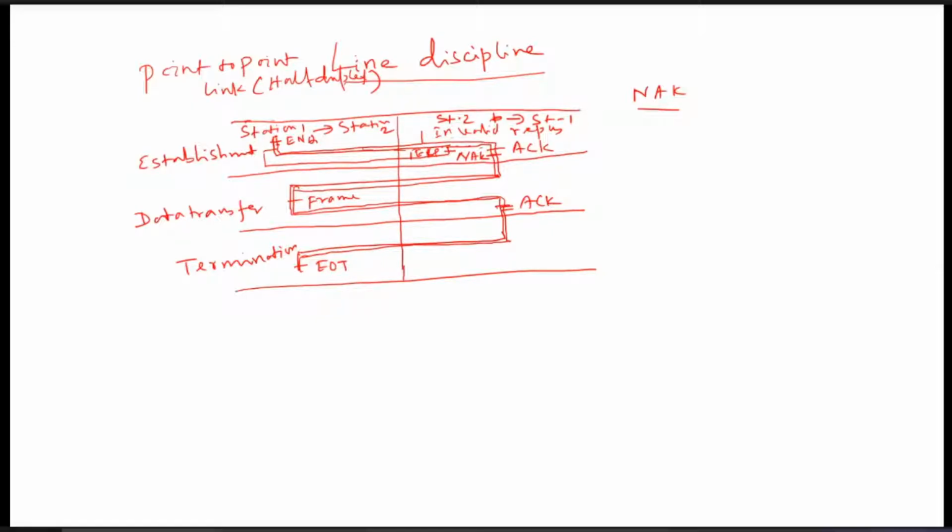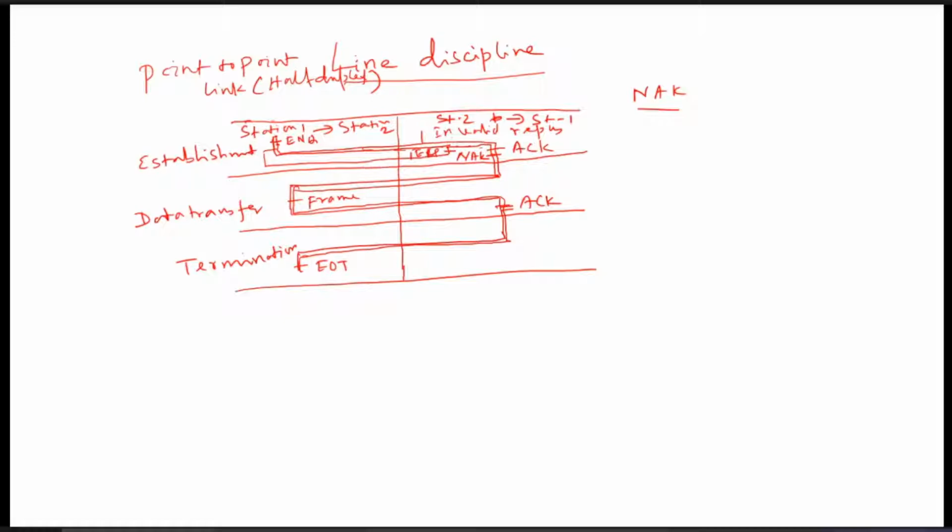If the line is full duplex, data and control messages can be transmitted in both directions. Here I am showing station 1 to station 2, but if it is full duplex, then both stations can transmit. Data and control messages, other than data, those are the control information, would be exchanged in both directions.